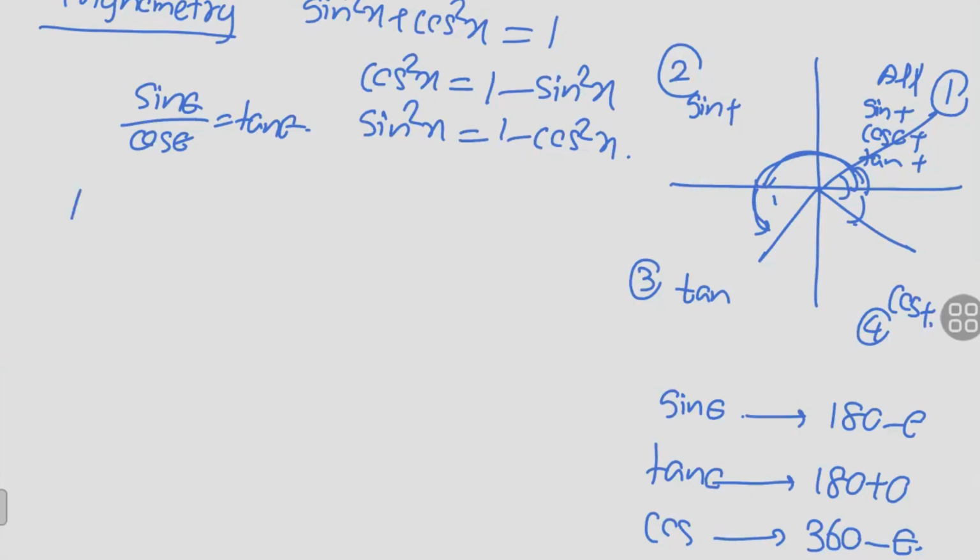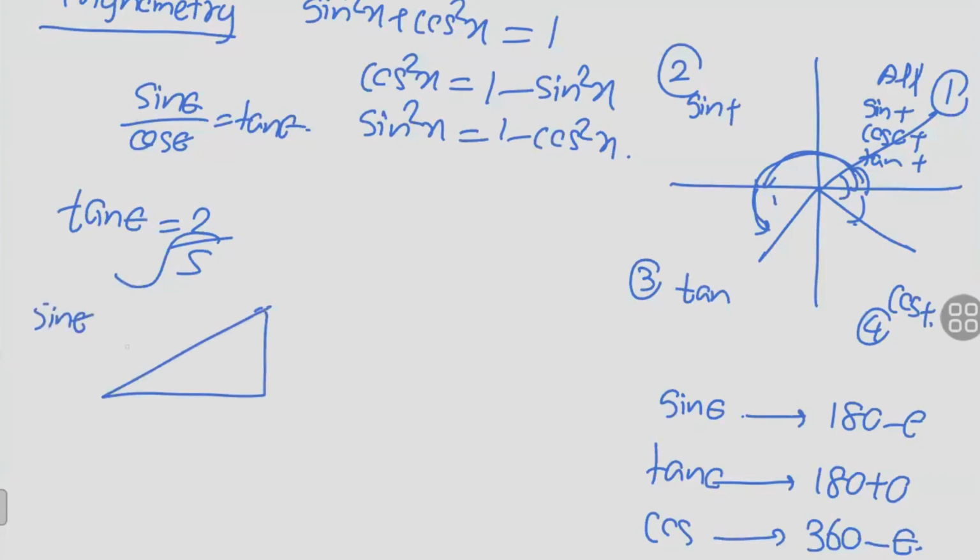Now let's say tan theta equal 2 over root 5, right? If they said this is acute, okay, you know how to find sin theta and cos theta. Tan theta acute, opposite 2 over adjacent root 5. Root 5 squared is 5, plus 2 squared is 4, so 9, square root 3. You can write sin theta equal 2 over 3, cos theta equal root 5 over 3.